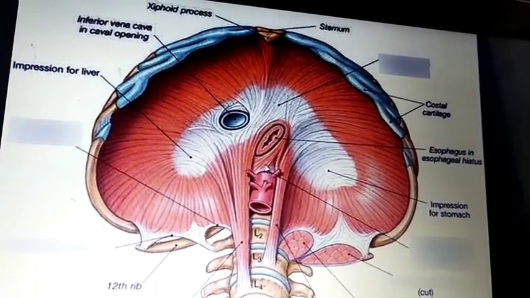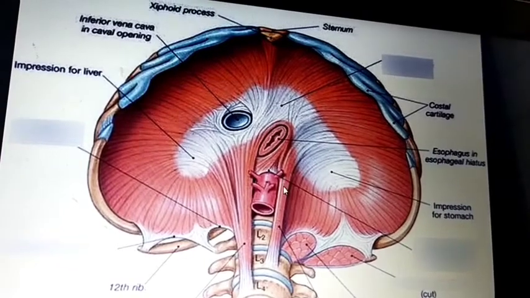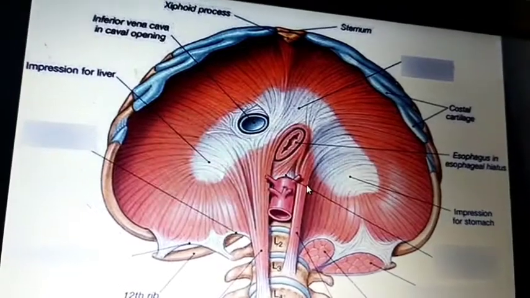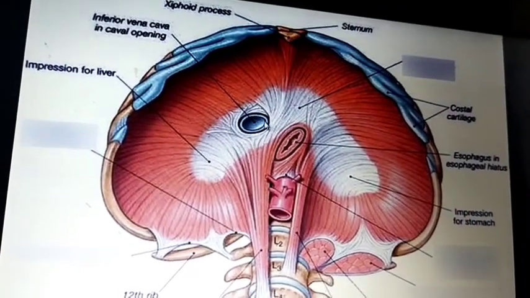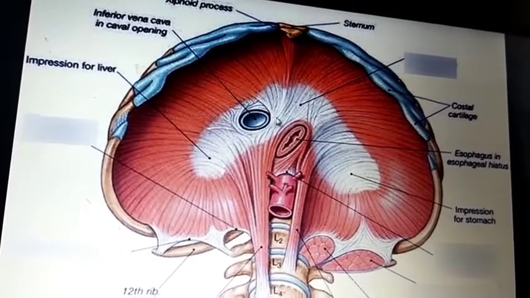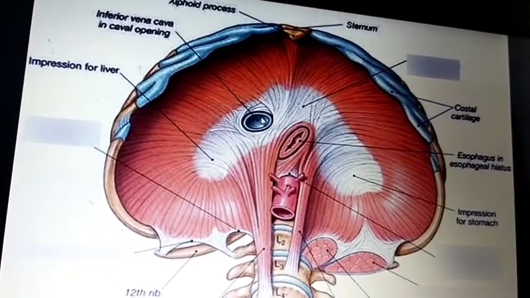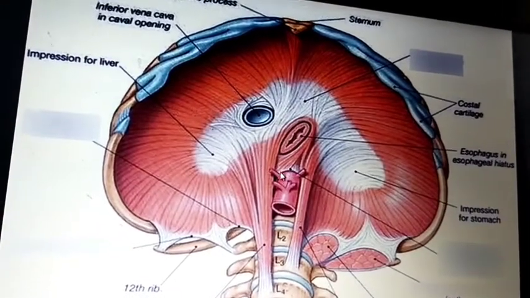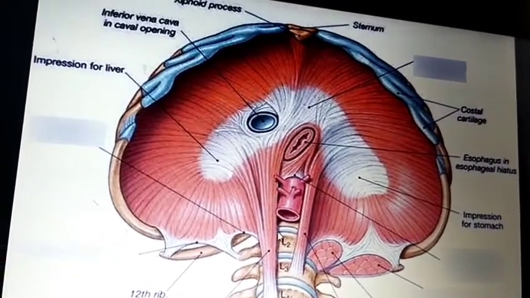Just above that it forms the arcuate ligament, and this is the median arcuate ligament. And another one, in the tendinous part of the diaphragm there are three openings. This is for the inferior vena cava, this is for the esophagus, and this is for the aorta.